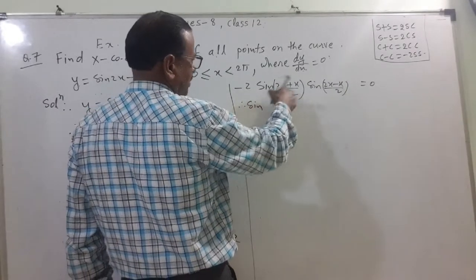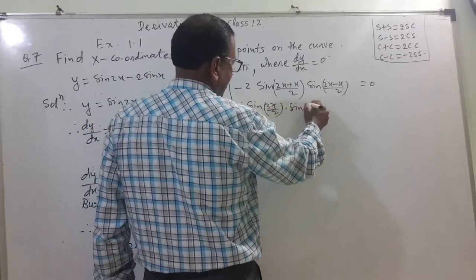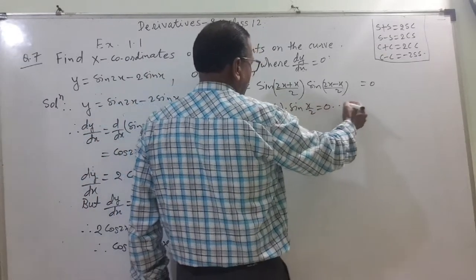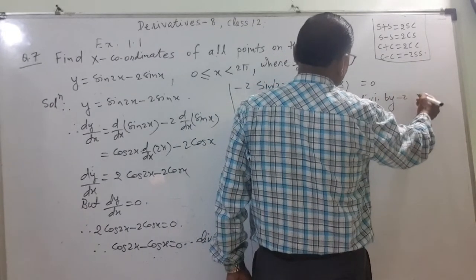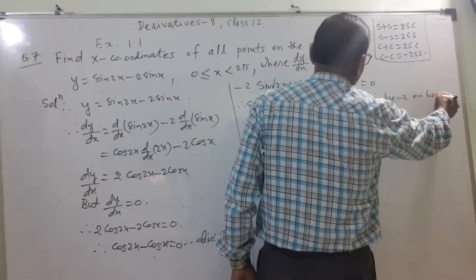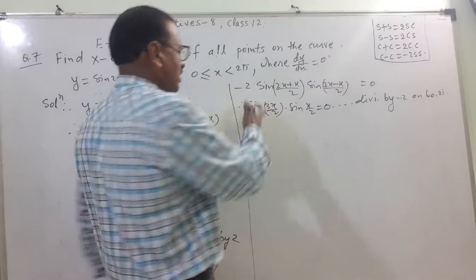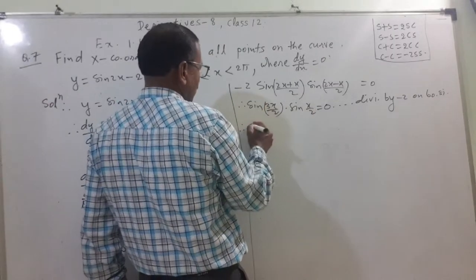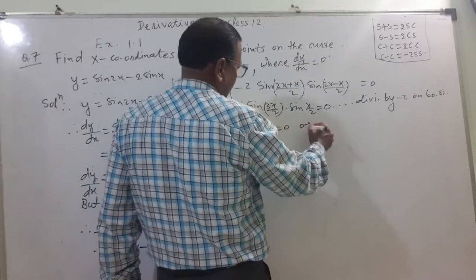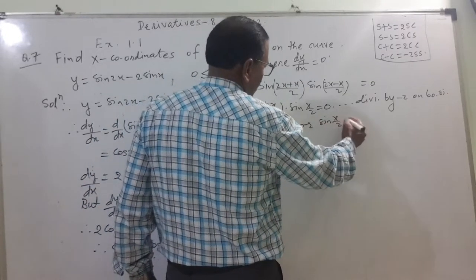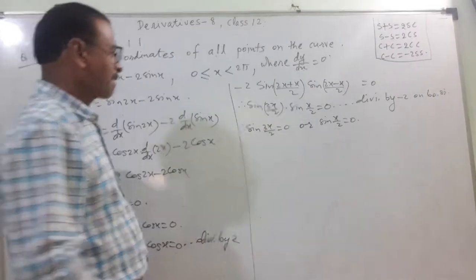Therefore, sine of 3x upon 2 into sine of x upon 2 is equal to 0, dividing by minus 2 on both sides. Now as the product is 0, either this is 0 or this is 0. Therefore, sine of 3x upon 2 is equal to 0, or sine of x upon 2 is equal to 0. Hope that you are understanding it.